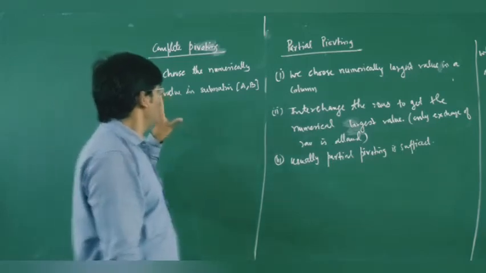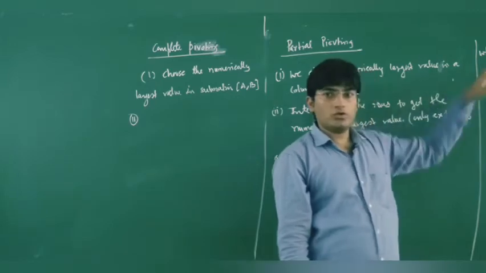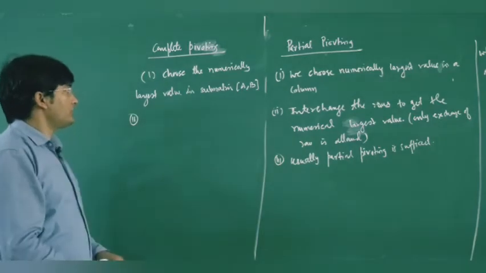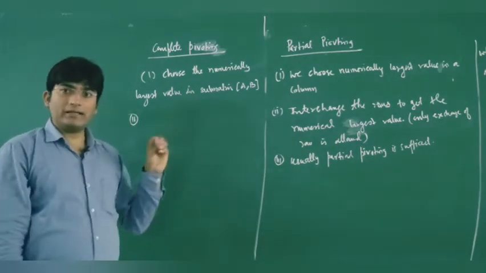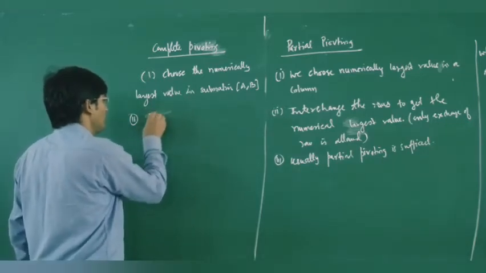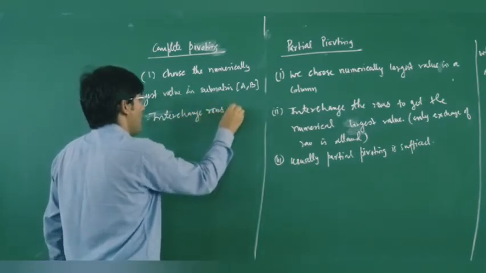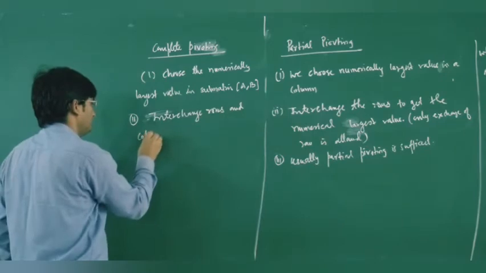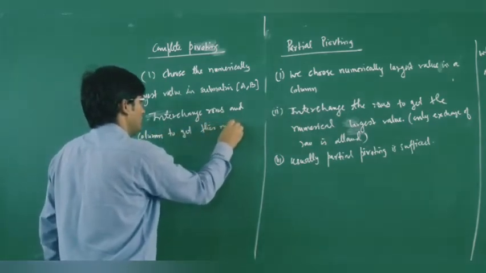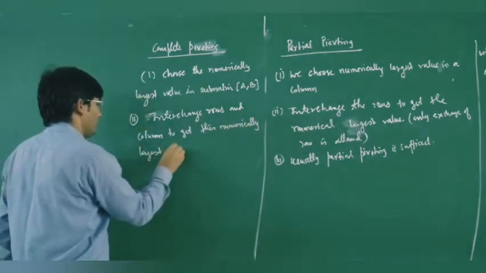both rows and columns to get the numerically largest value at this step. Now to achieve this numerically largest value we can interchange our rows and columns, again interchange rows and columns to get this numerically largest value.